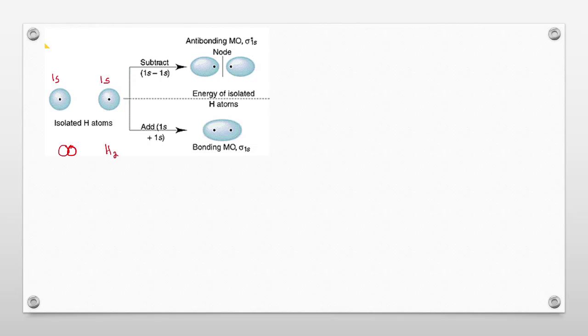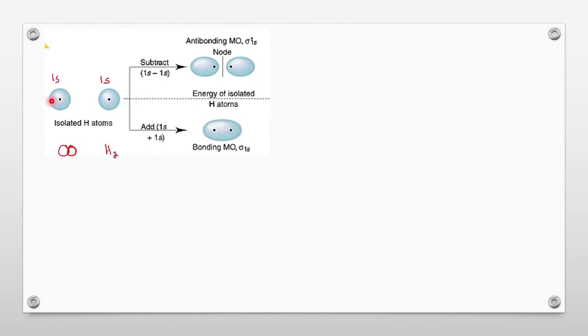The overlap can be by addition of the two atomic orbitals. If they are added, we get a molecular orbital where the electron density is more in between the two nuclei, and this leads to formation of the bonding molecular orbital sigma 1s.